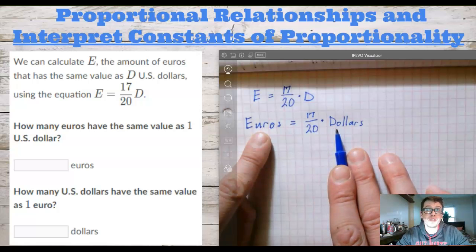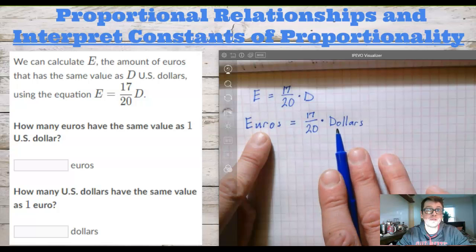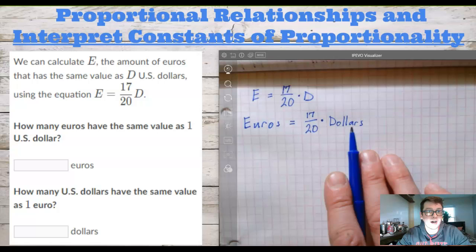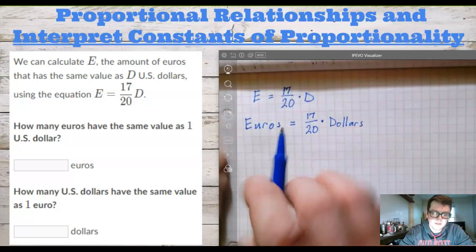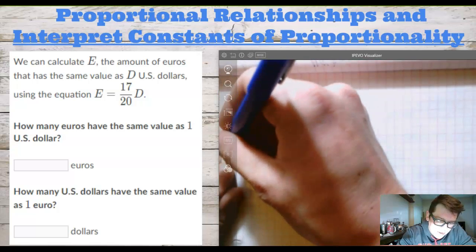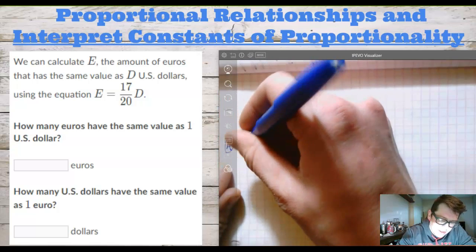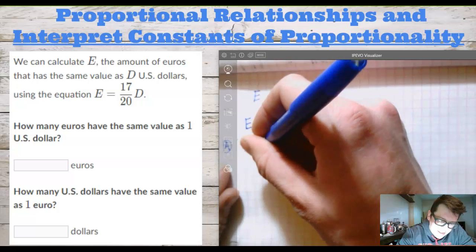So when they ask us how many euros have the same value as $1 US, well guys, now we don't have numbers to divide with, right? Because we've just been given this equation. So in part A, what they ask us for is euros for $1 US.